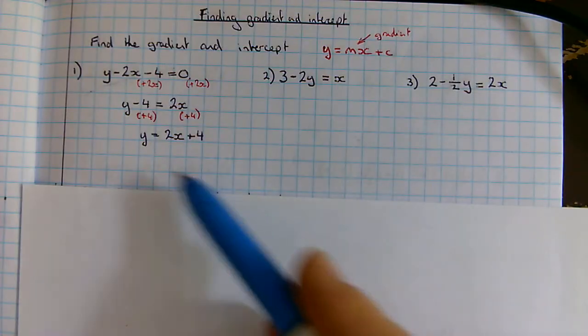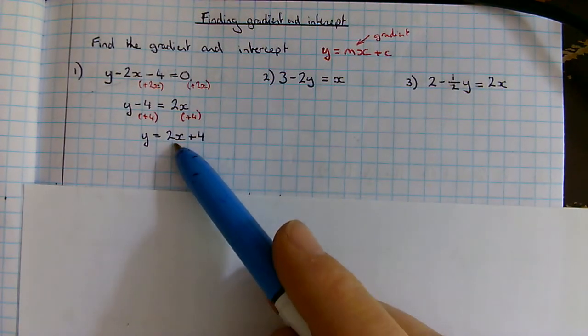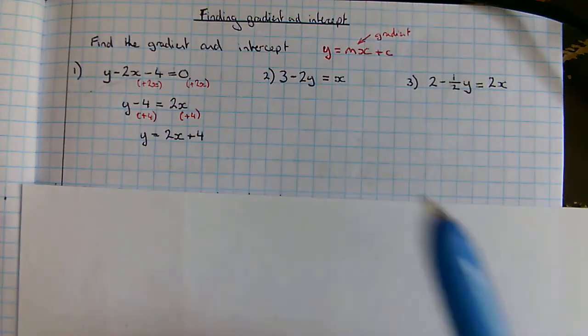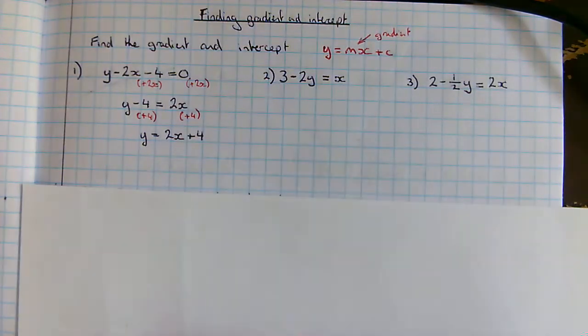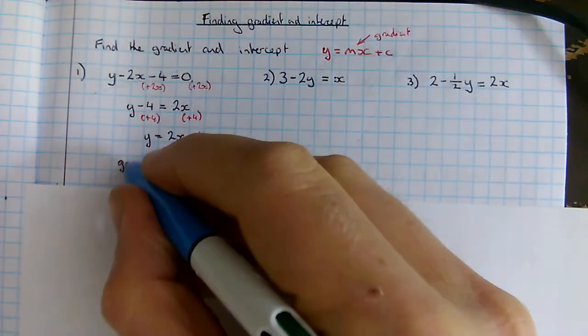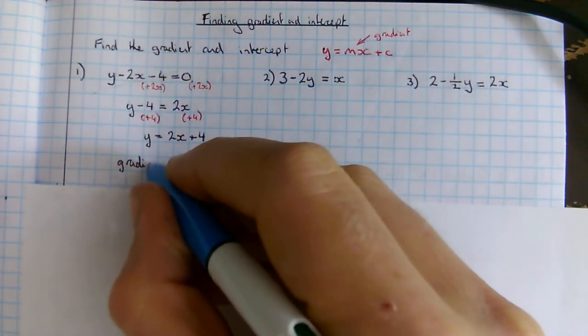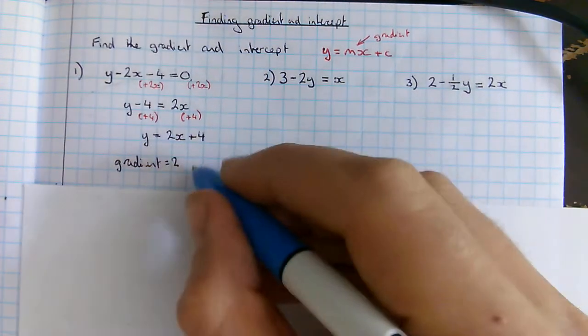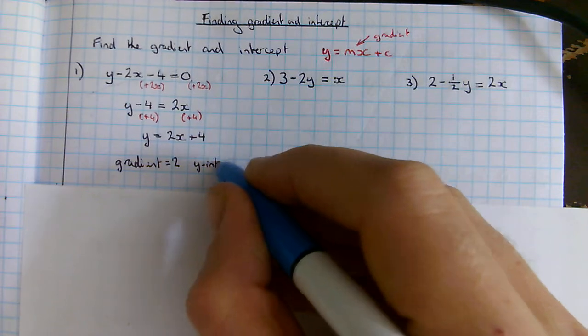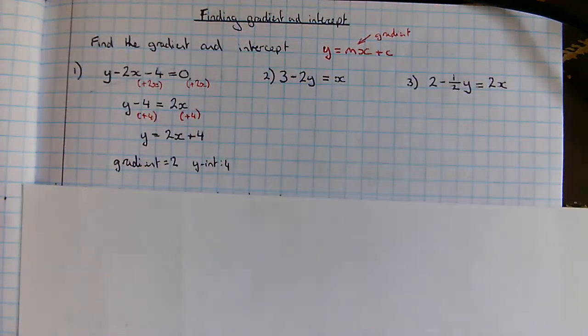That's now in the right form. I've now got y on its own, some number times x, plus a number. So I can tell that the gradient of this line is 2 and the y-intercept is 4.